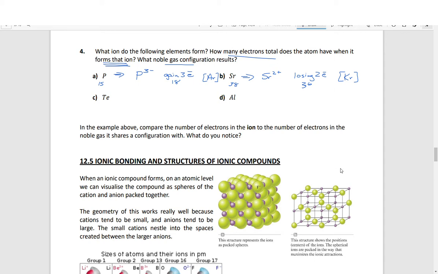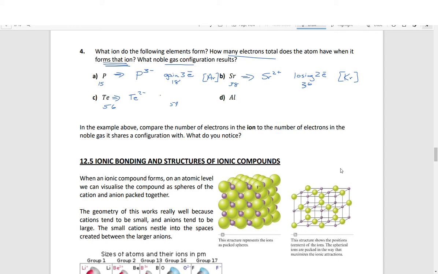Tellurium is a little bit of a funny one. If we take a look on the periodic table, there's options here. We're going to talk about the tellurium becoming tellurium 2 minus. It becomes 2 minus as this number 56, losing 2 electrons would give it 54.